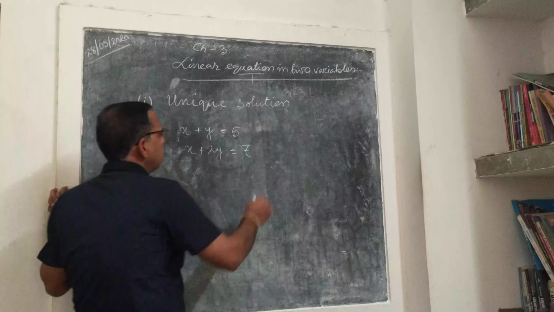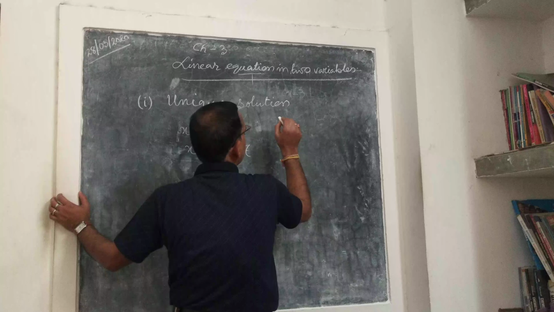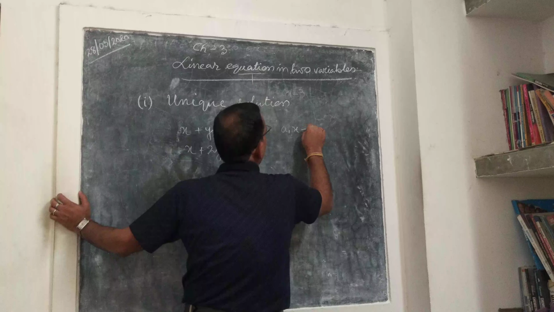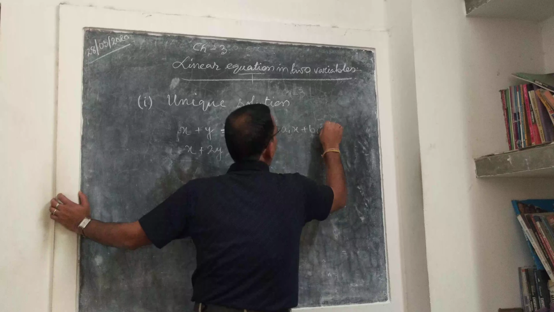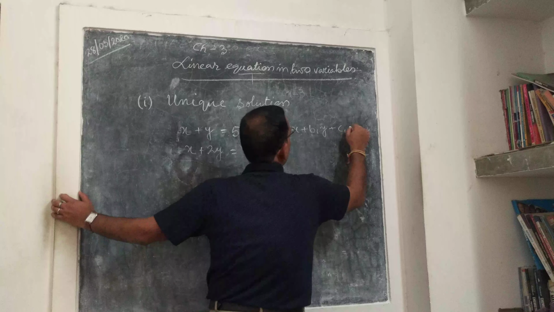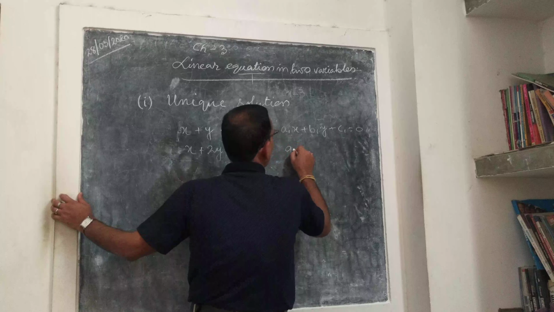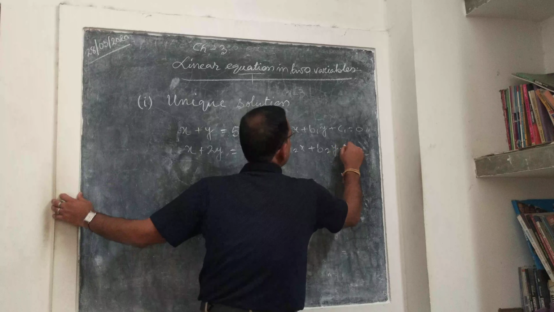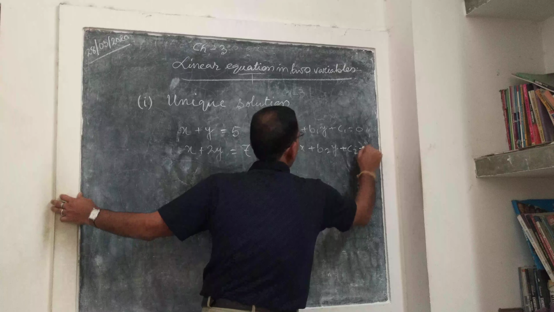Suppose I convert it into standard form, that is a1x + b1y + c1 = 0 and a2x + b2y + c2 = 0.